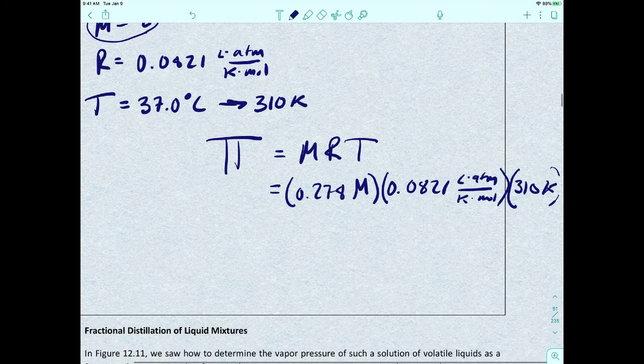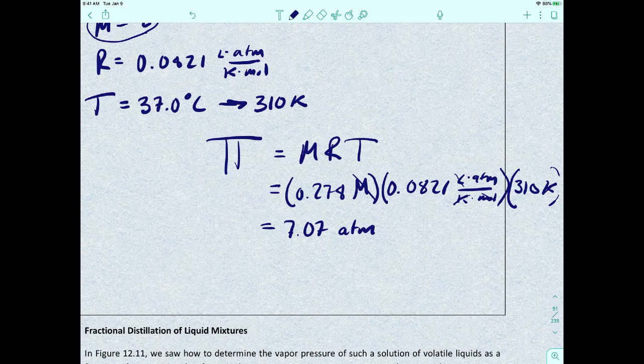What's nice is that everything cancels out: Kelvin with Kelvin, moles with moles, liter with liter. So the only unit left is atmospheres. 0.278 times 0.0821 times 310 should give us 7.07 atmospheres.